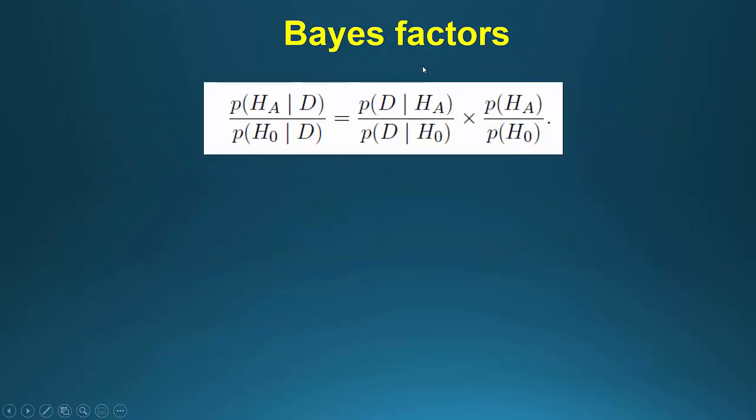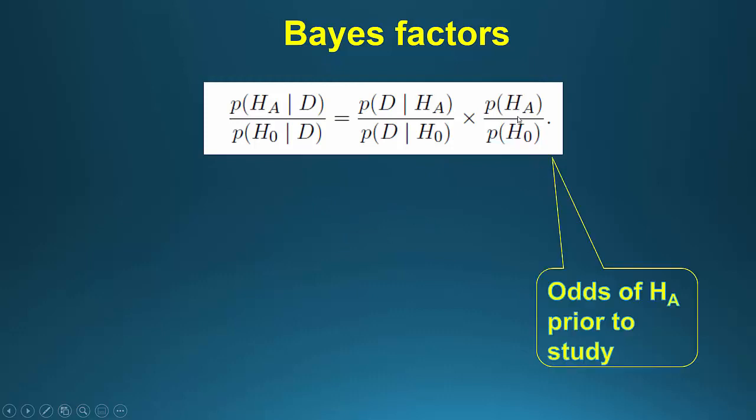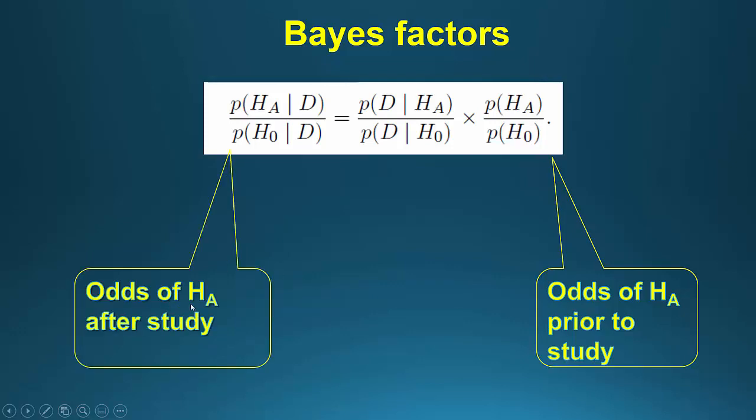So Bayes factors, it's a complicated looking formula, but it's actually pretty straightforward. This is the odds, the ratio of the probabilities or likelihoods of one hypothesis relative to another prior to the study. And this is the odds, the hypothesis relative to the other after the study, after the data D have been collected.